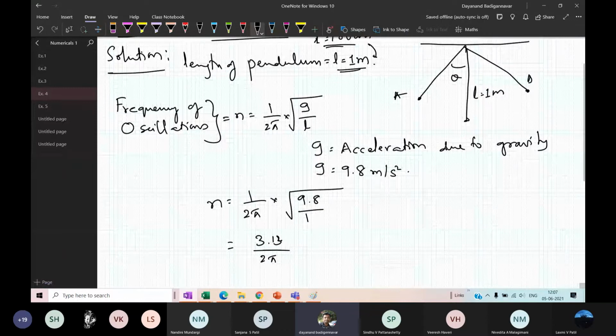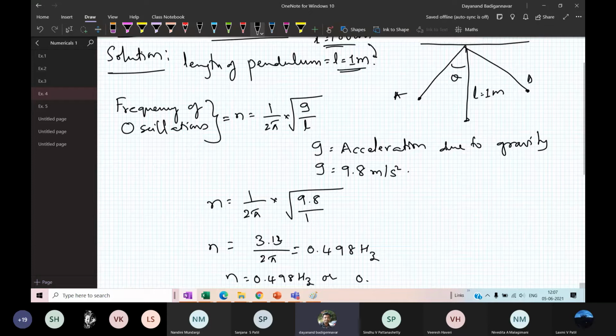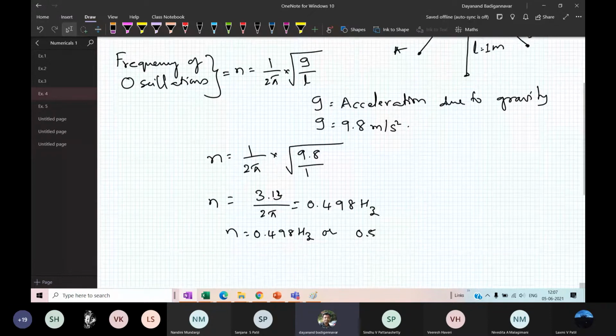If you get the answer, it is 0.498 hertz, or 0.5 hertz. It's almost the same. Therefore, n is equal to 0.5 hertz. Almost 0.5. Okay. Got it.